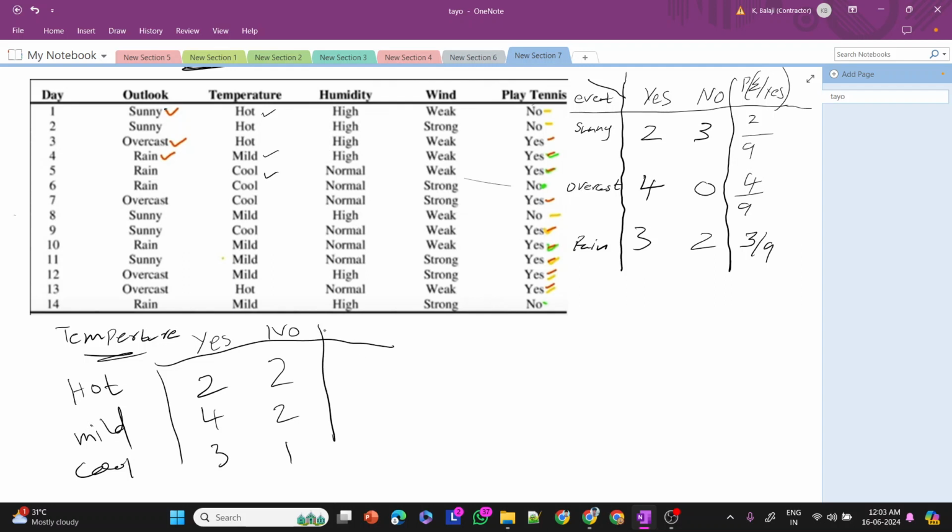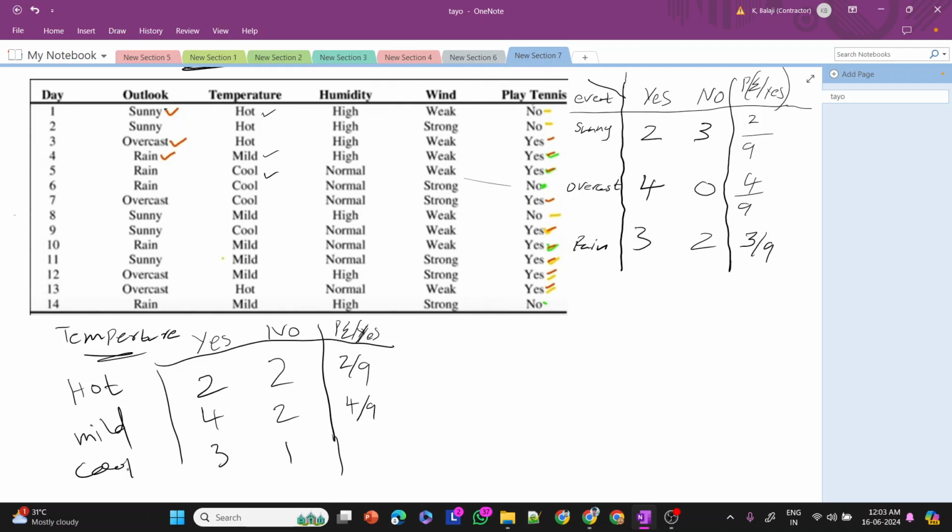Let's find the probability of the event given that he has played the game. When it was hot, he had played the game with a probability of 2/9. For mild, totally four times he had played the game, having a probability of 4/9.